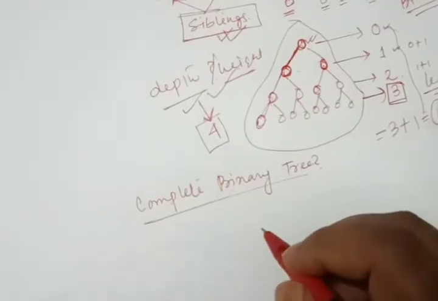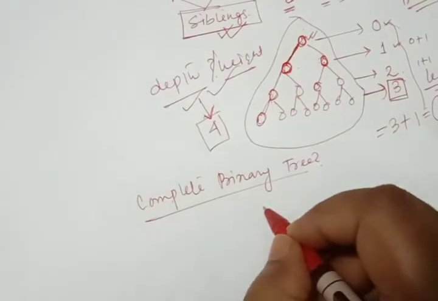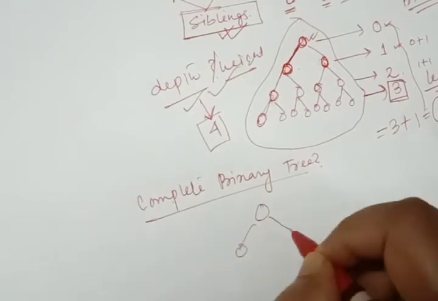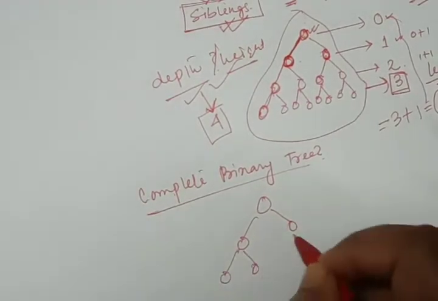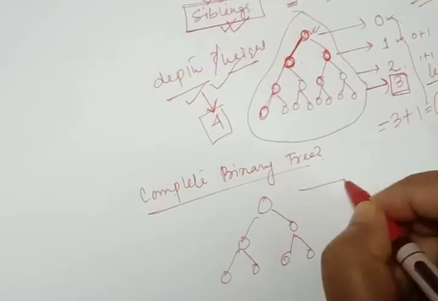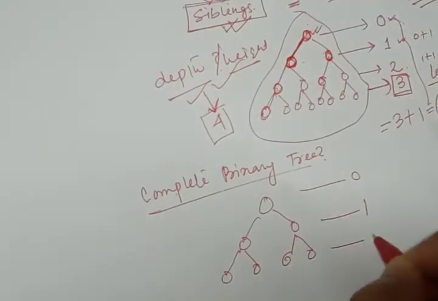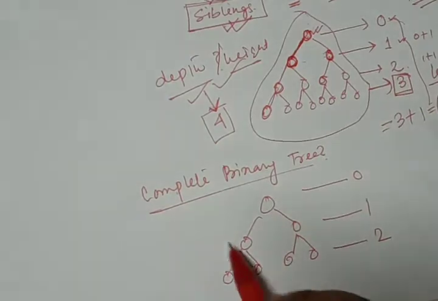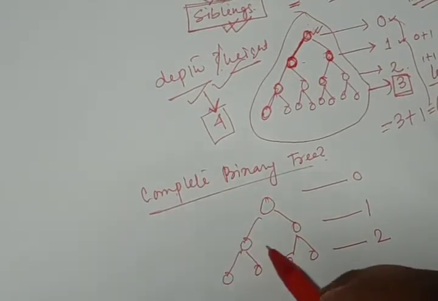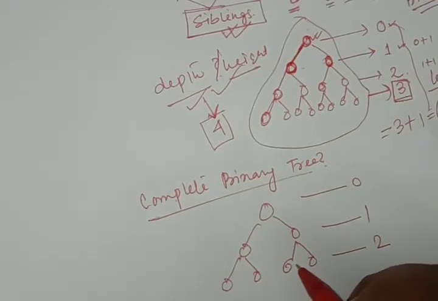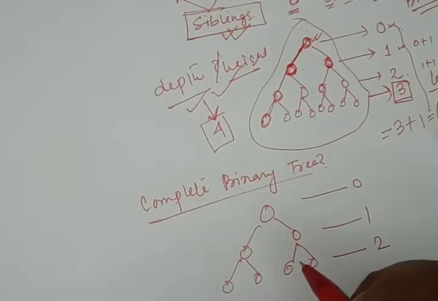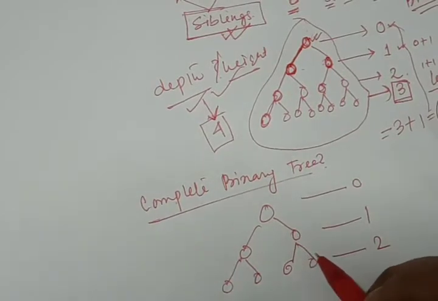A tree is said to be complete if all its levels, this is the 0th level, this is the first level, the second level, except possibly the last level, have the maximum number of possible nodes, and if all nodes at the last level appear as far left as possible.